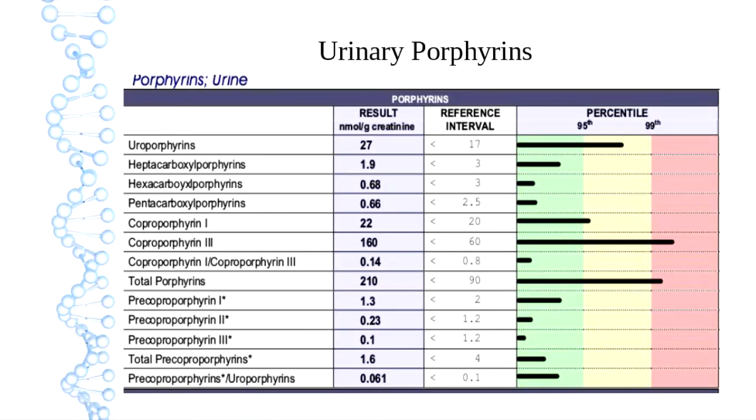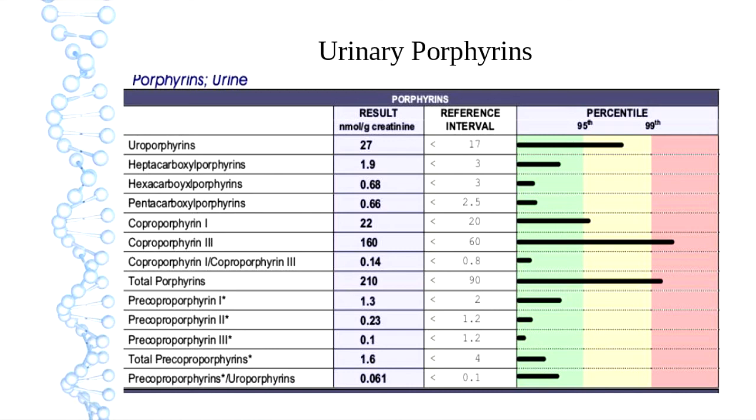This is a sample of a porphyrin test. You can read up more on porphyrin testing at doctorsdata.com. To go through the quick analysis of this, these are compounds in the production of hemoglobin. So in order for the body to make hemoglobin, it basically has to take each of these compounds and convert one into the other.